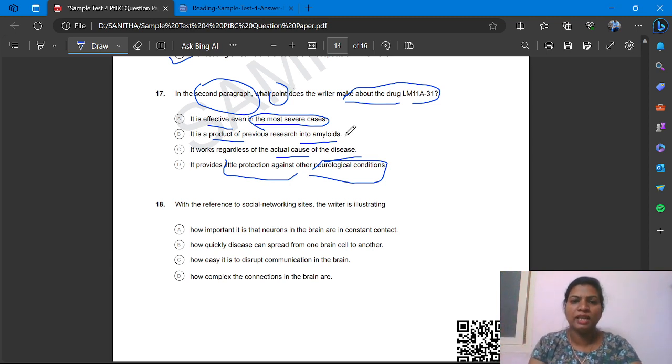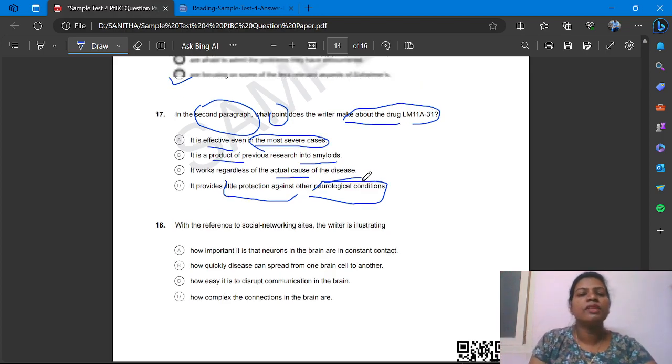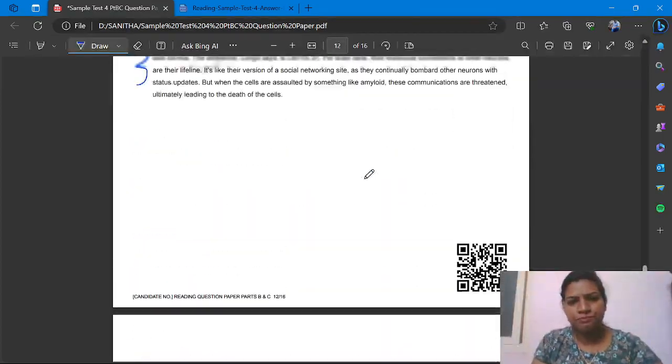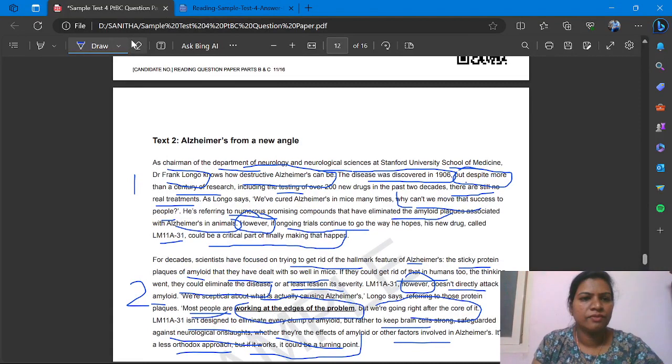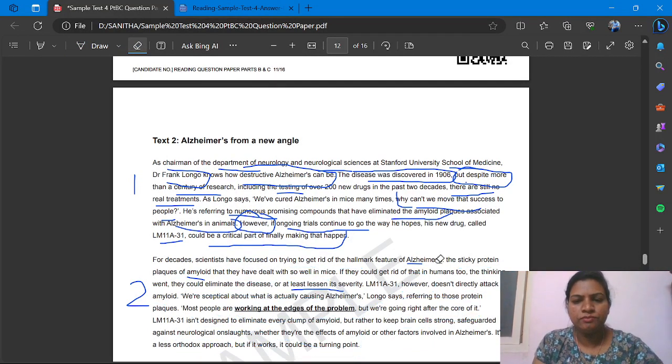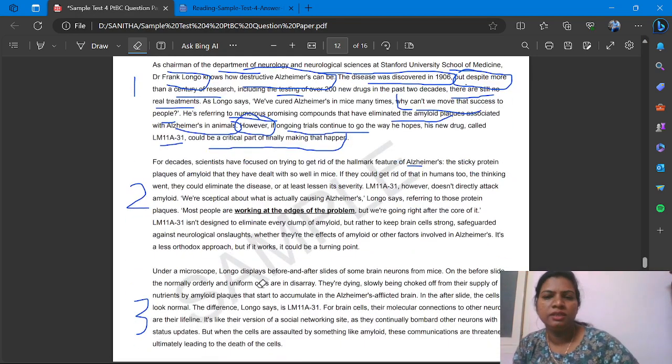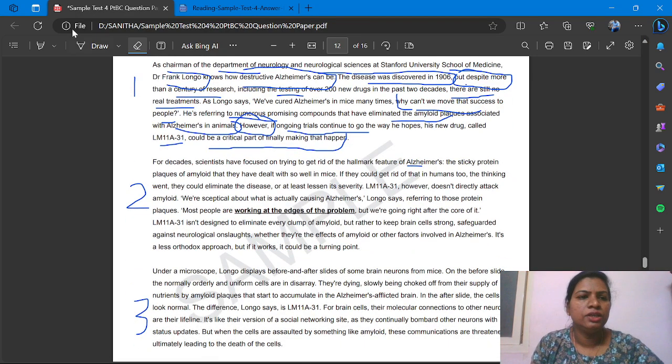Okay, that we are going to find out in the answers. What point does the writer make about the drug LM11A31? For decades, scientists have focused on trying to get rid of the hallmark features of Alzheimer's, a sticky protein, plaques of amyloid that have been dealt with so well in mice.